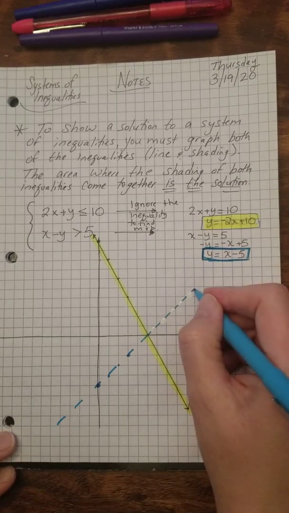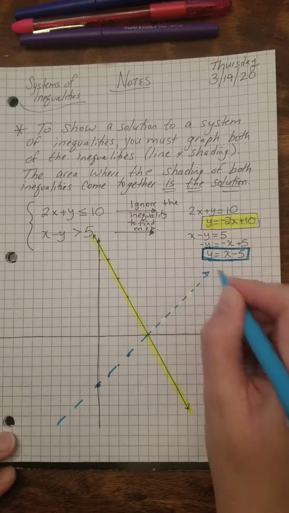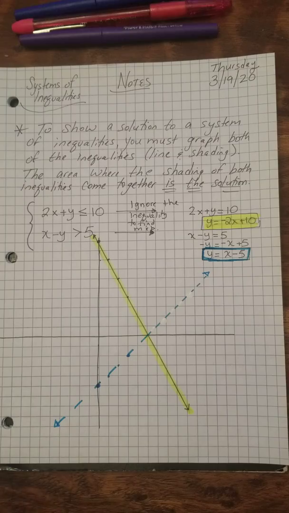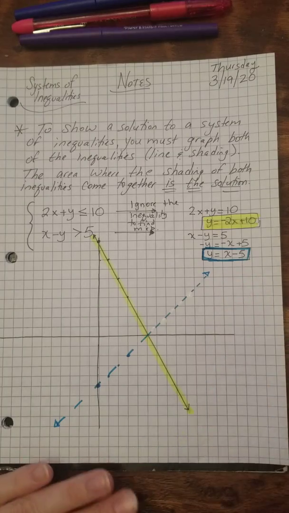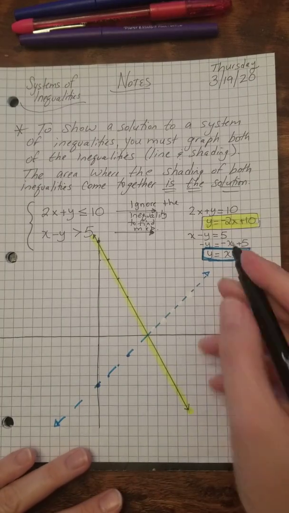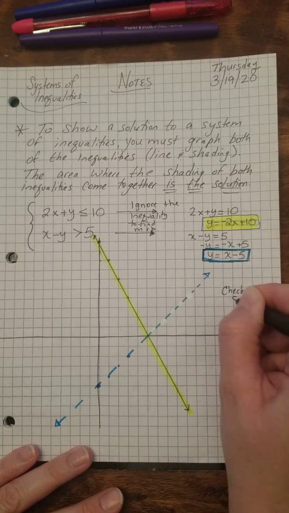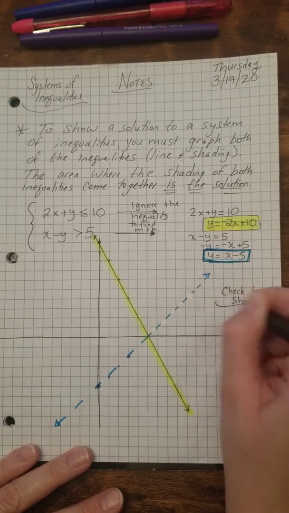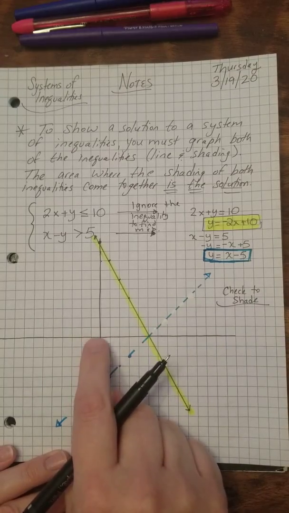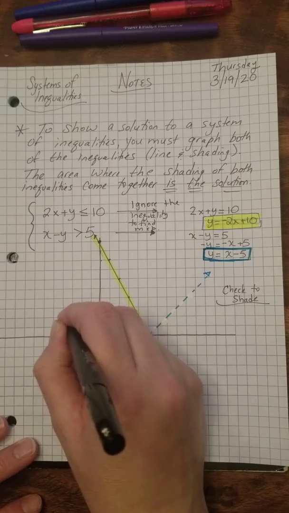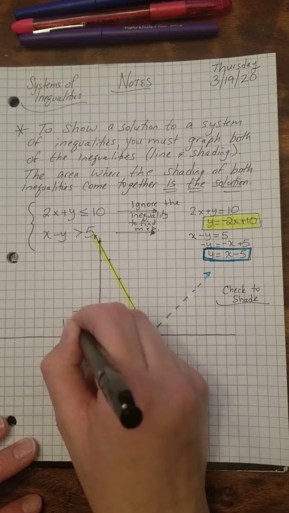Now we got to figure out what side I'm shading. So we'll start with our first one here. I'm going to check to shade. So I've got a test point here. You'll notice that 0, 0 is not on either line. So I'm going to make 0, 0 my test point.